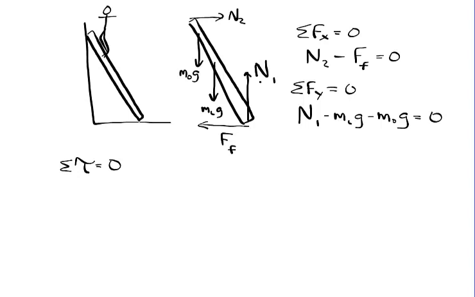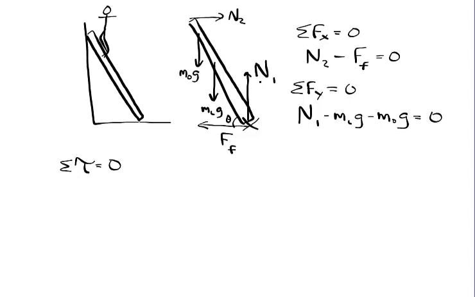So I would love to put my axis of rotation where those 2 forces are, because now they don't contribute to the torque. As an aside, also, we kind of need to know the angle that this thing makes with the ground in order to calculate these torques, because in this case, none of these forces are perpendicular to the ladder itself, and so we're going to have lots of sines and cosines in this expression.